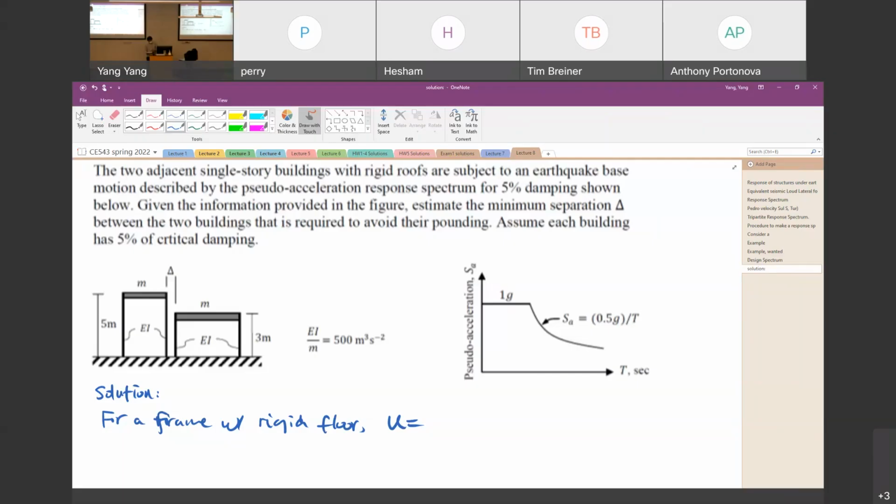So it's either 12 or 24, with a coefficient EI over H cubed. I need to find out what kind of column it is.